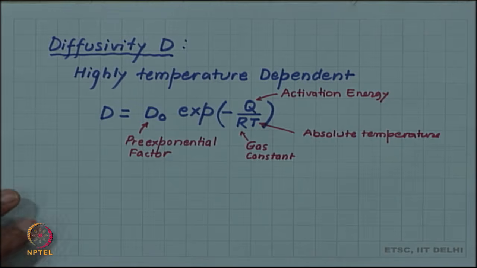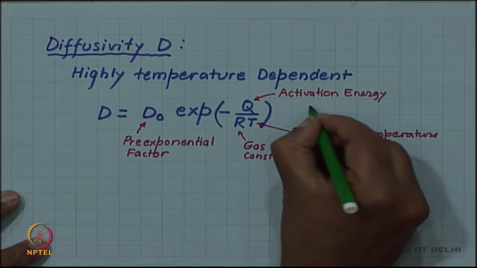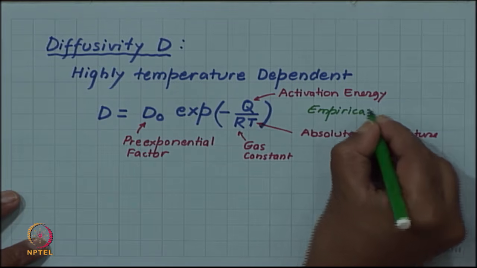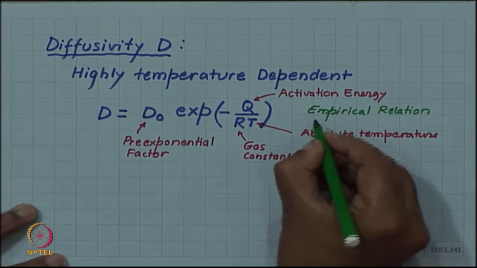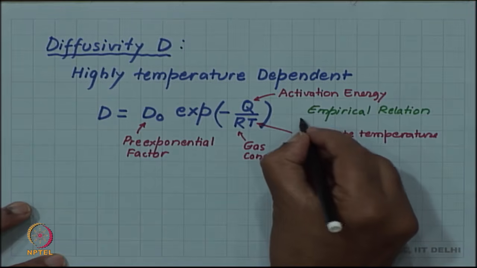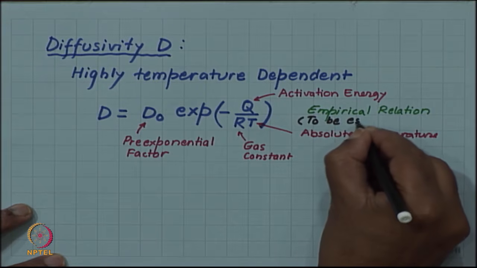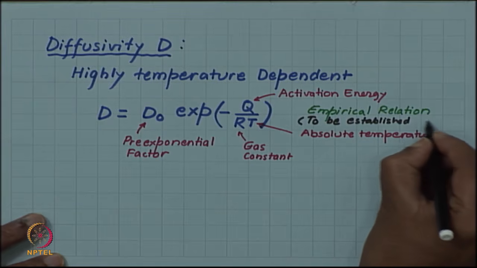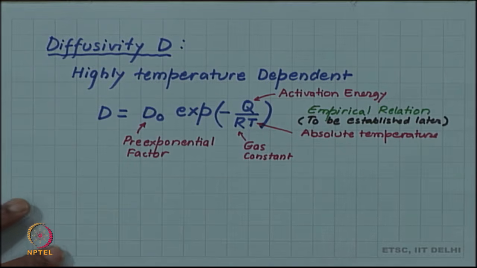But at the moment we are taking it purely as an empirical relation, that is based on experiments, to be established later by the atomic mechanism of diffusive jumps.